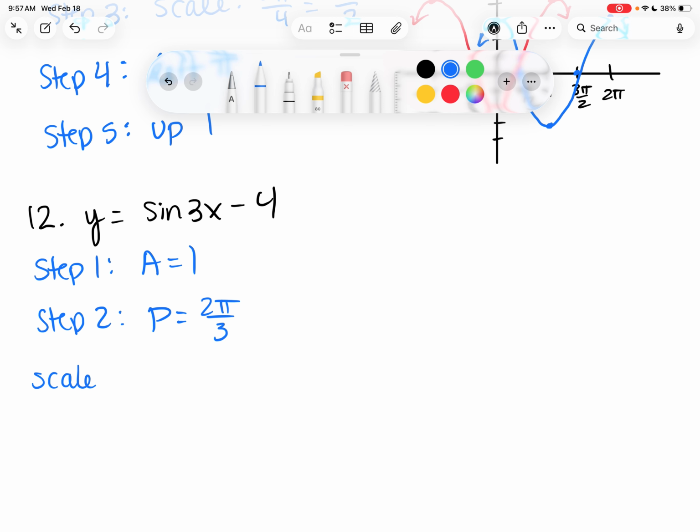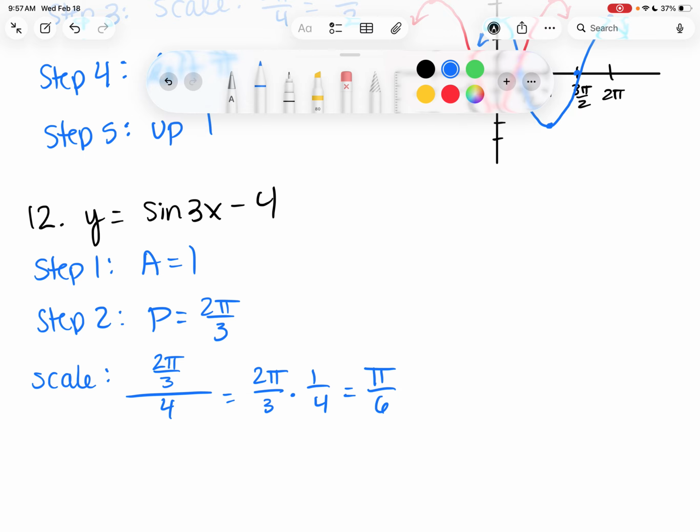Scale. So 2 pi over 3 all over 4. When it's a fraction divided by a number, it's the same thing. So that ends up being 2 pi over 12, or pi over 6 when you reduce it. And if you don't write the words like steps, as long as you have everything, I'm not taking off for that either.